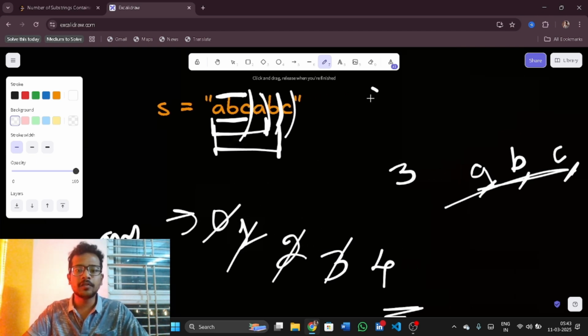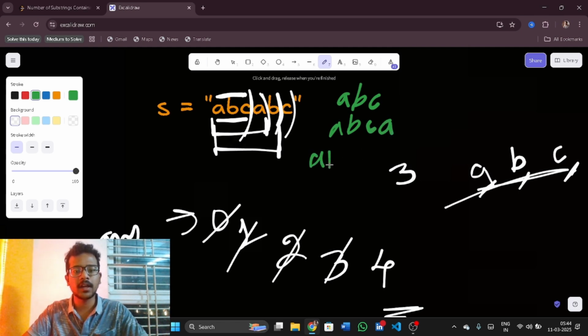So the first substring is A, B, C, the second substring is A, B, C, A, the third substring is A, B, C, A, B, and the fourth substring is A, B, C, A, B, C. These are the substrings which I get only from the first substring ABC.